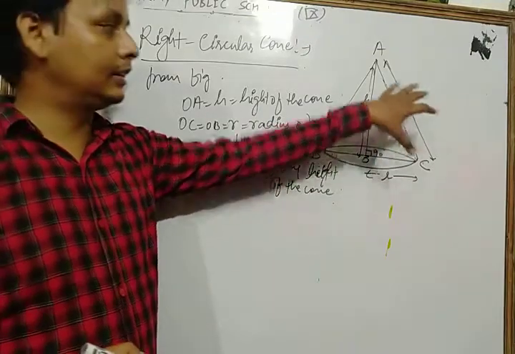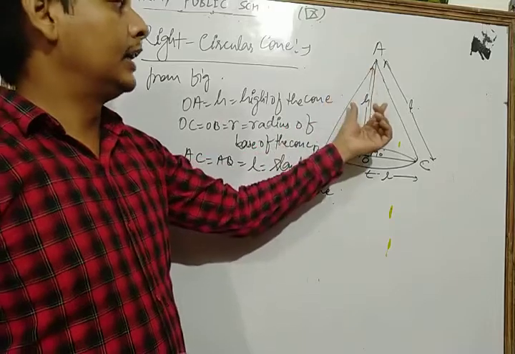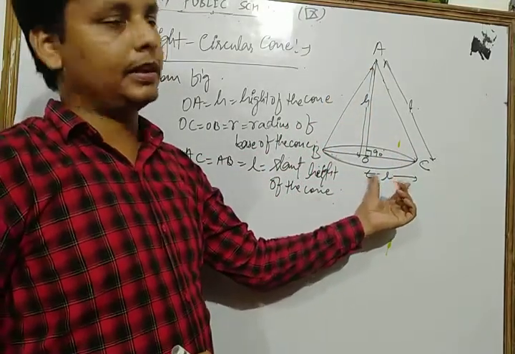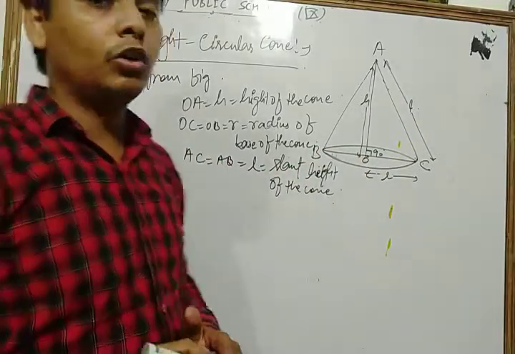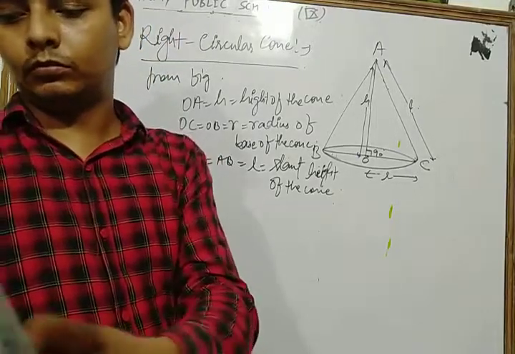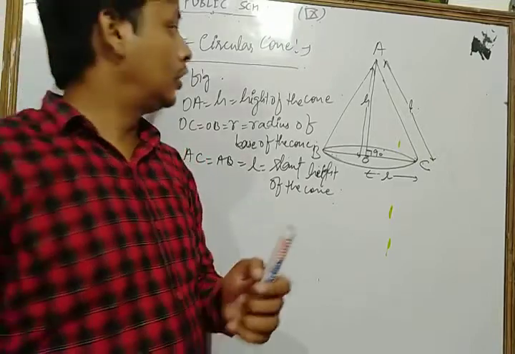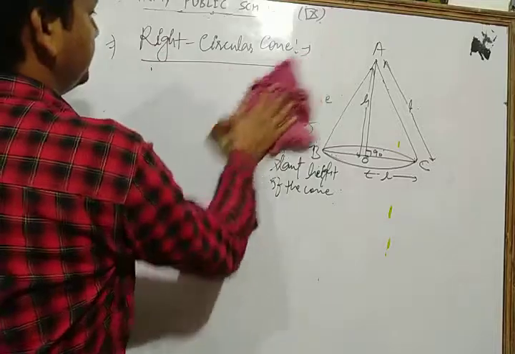Three variables in that figure: first is H, its perpendicular height, R is the radius of the base, and L is the slant height of the cone. Now let's see its formulas.